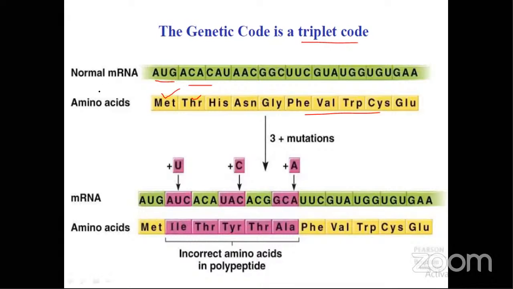Okay, let me tell you again. If there is a frameshift mutation, so if anything is getting lost from this particular thing, either this one or two, until the case that the lost sequence or the added sequence is not a multiple of 3, meaning anything other than 3, 6, or not a multiple of 3, in that case the mRNA and the amino acid chain produced by the altered or mutated fragment will be changed.